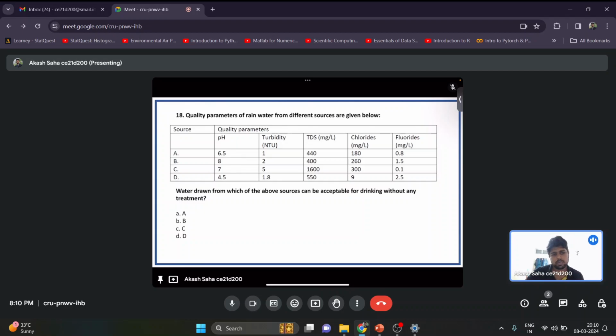We have to check which source is acceptable for drinking without any treatment. So we have to know the drinking water standards for each of these water quality parameters: pH, turbidity, TDS, chlorides and fluoride.